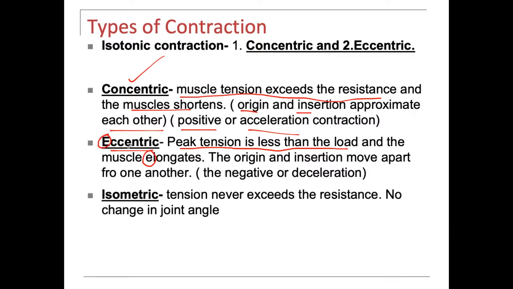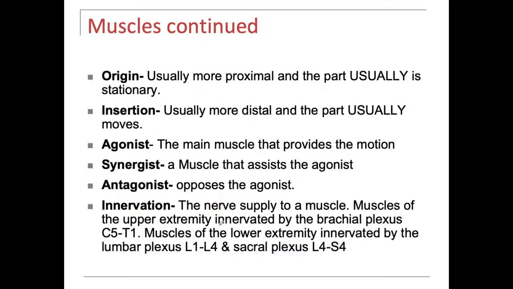So the E in eccentric is for elongates, and that's when the O and the I, the origin and insertion, move further away from one another. That's called the negative contraction or the deceleration. Isometric, same length, the tension never exceeds the resistance, so there's no change in the joint angle whatsoever.